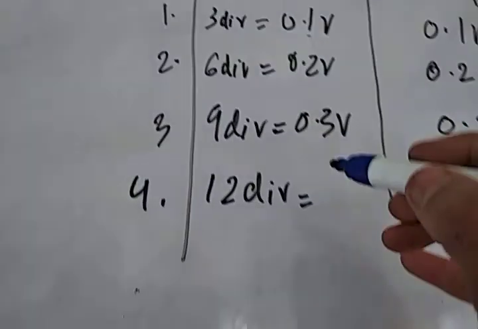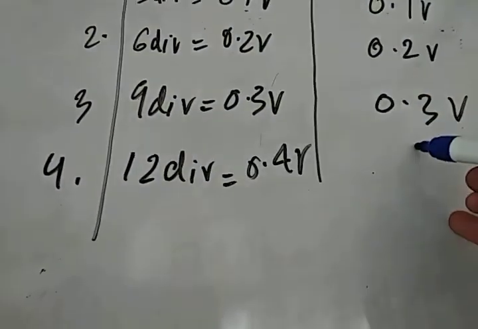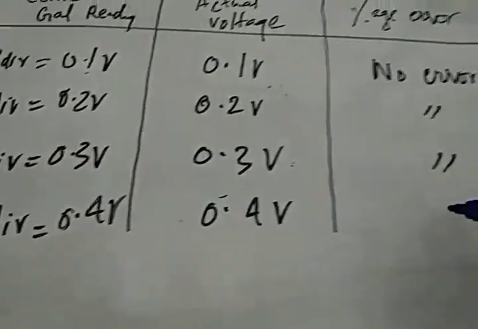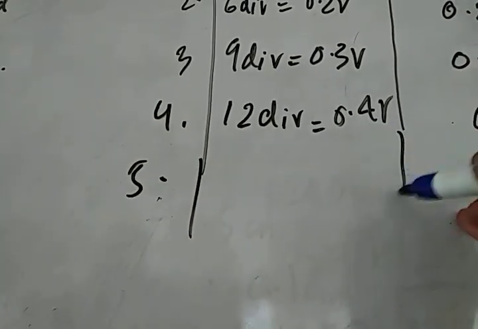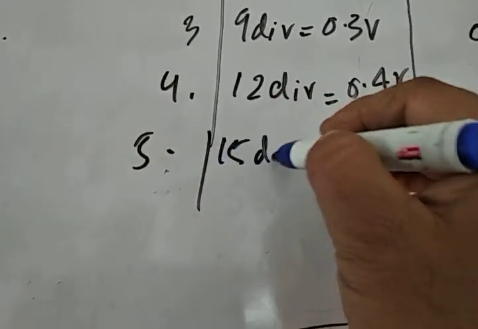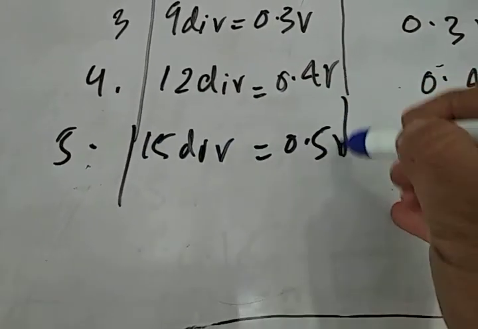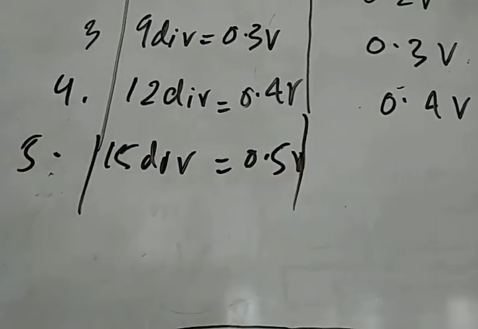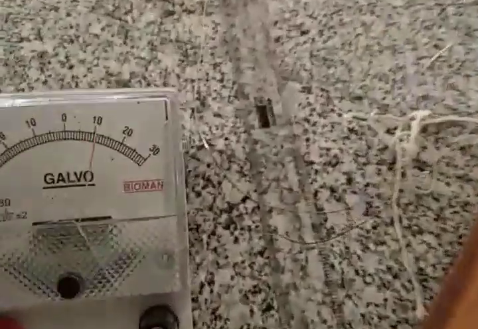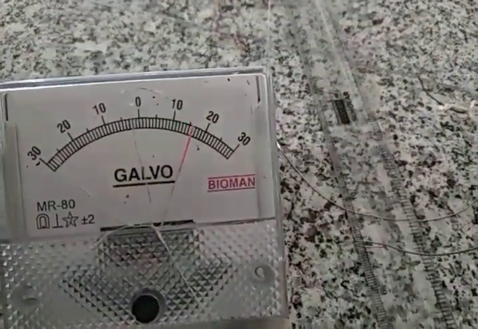So 12 divisions is 0.4 volts, and this is also 0.4 volts. No error detected, and we can take a 5th reading for 15 divisions, which corresponds to 0.5 volts. Let's see what the actual voltmeter is showing. First we'll set up 15 division deflection.